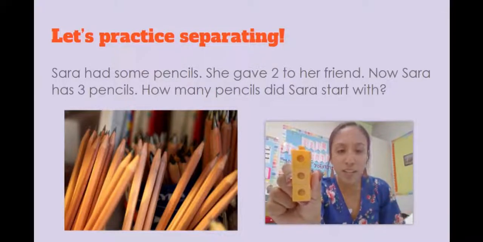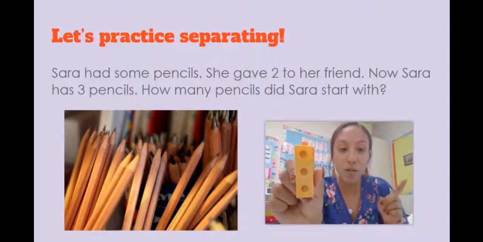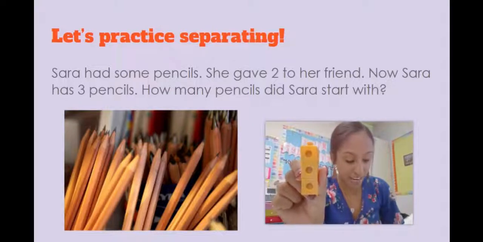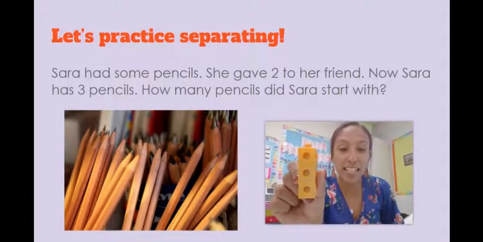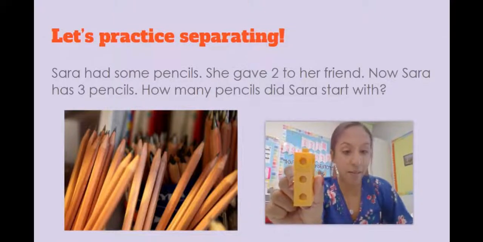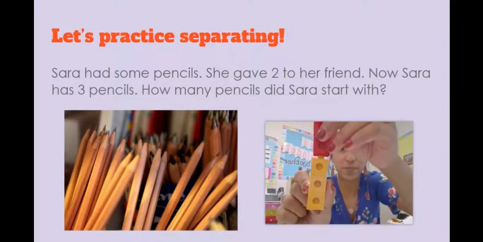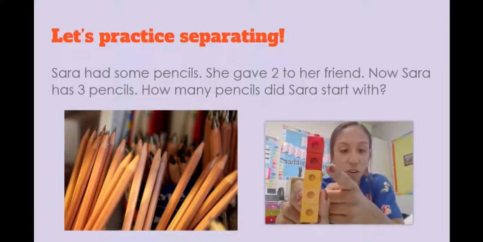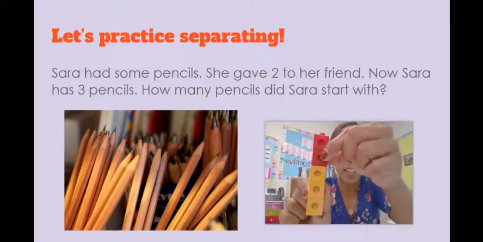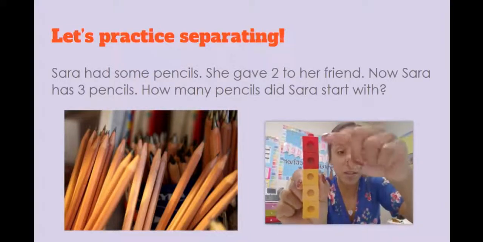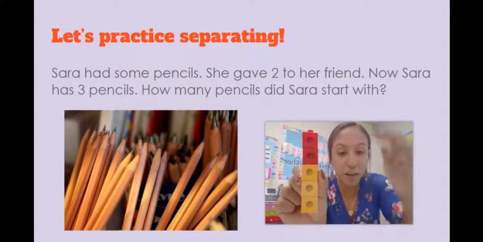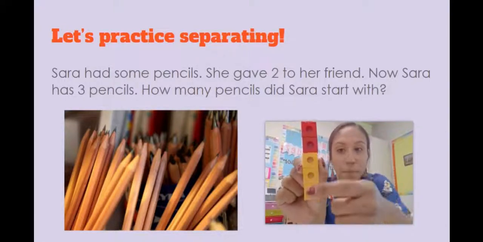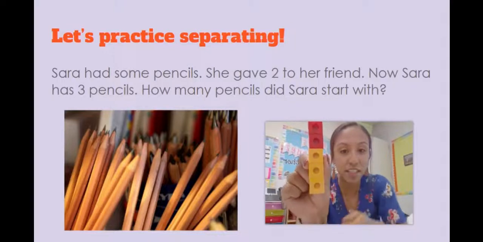Where did those 2 pencils go? Her friend has them. So I'm going to pretend to take those back from her friend, the 2, just so we can see how many Sarah started with. So let's count back 2. 1, 2. So these are the pencils that Sarah gave to her friend, and this is how many that she had left.